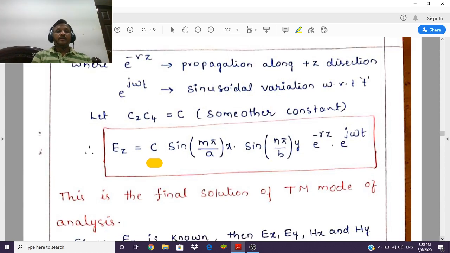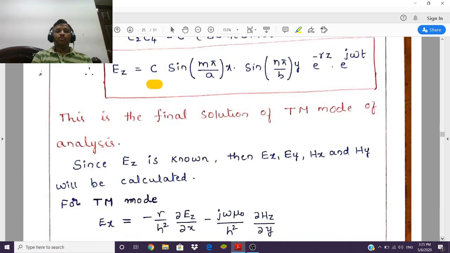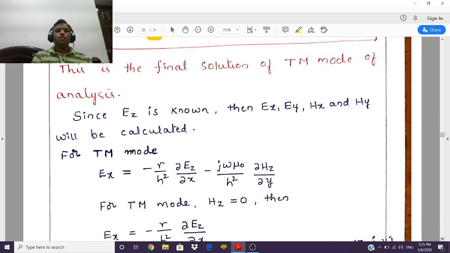This Ez is a solution of the transverse magnetic mode of operation. Once we know this Ez, we can find out Ex, Ey, Hx, Hy, which we have calculated in lecture 5 in terms of Ez and Hz. I'll be writing them now.